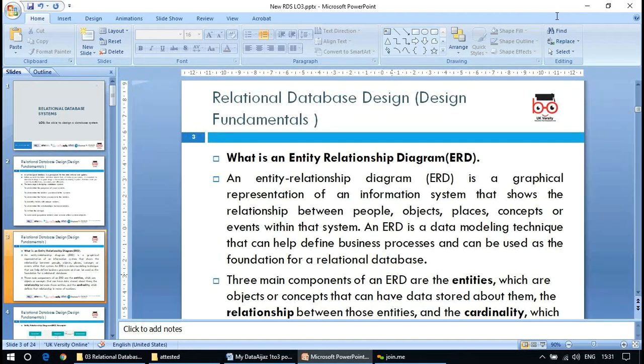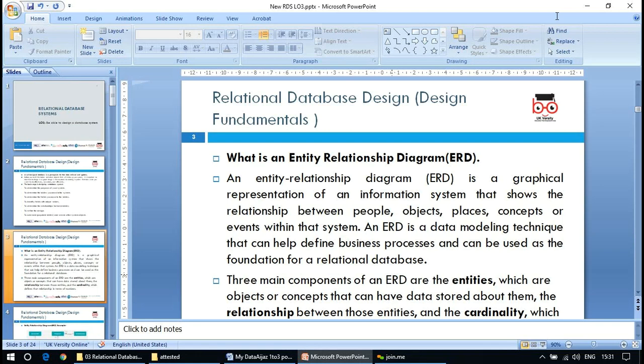Now let us look at certain design fundamentals. How would you create the design? Obviously, you need to design according to some modeling. Like with buildings, you must have heard about the architects who draw the architectures of buildings.